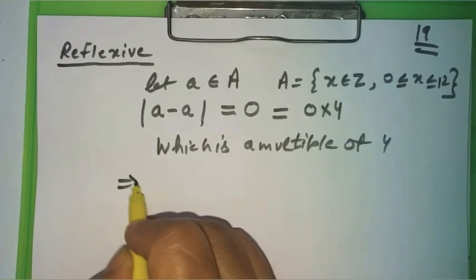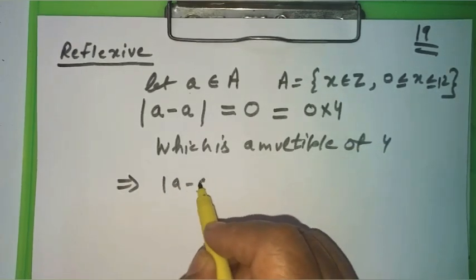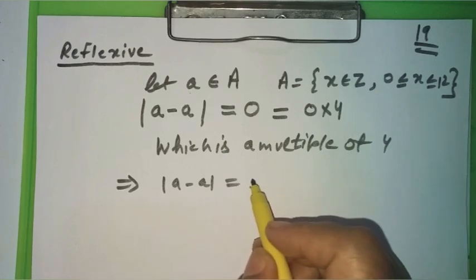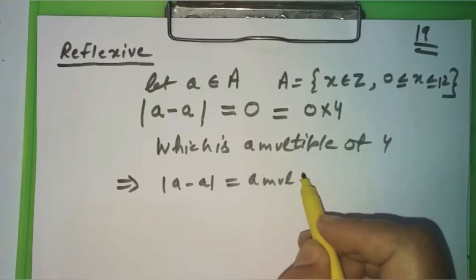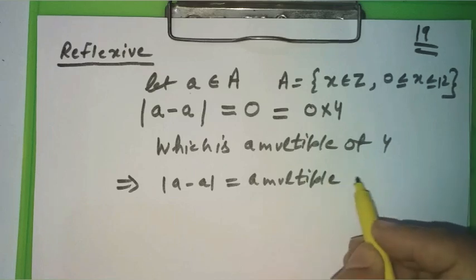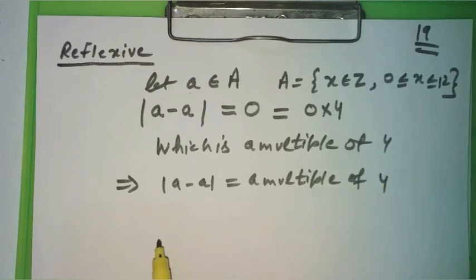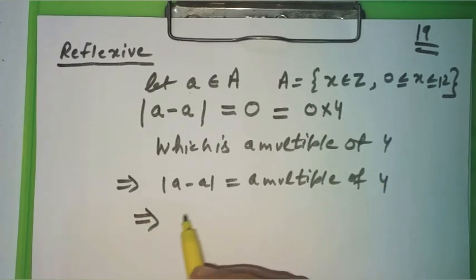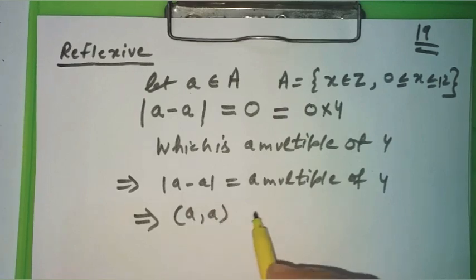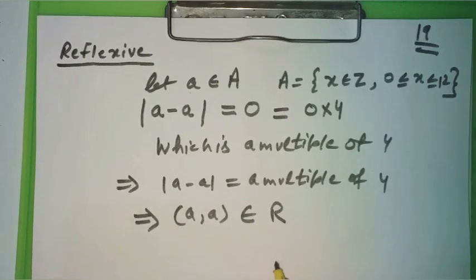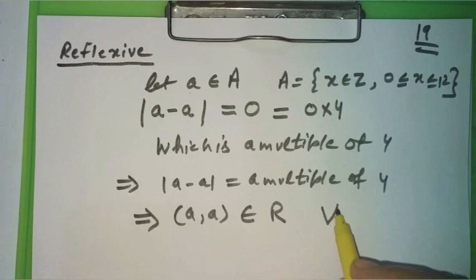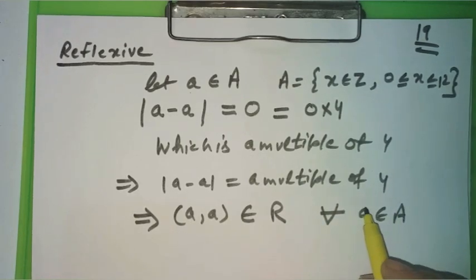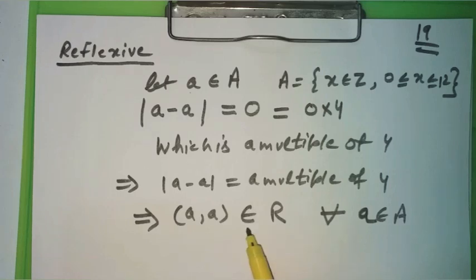So I have proved that mod of a minus a is a multiple of 4, and this condition is enough for any ordered pair (a, a) to belong to the relation R. And since I have taken a to be any general number of the base set A, I can say this is true for all.